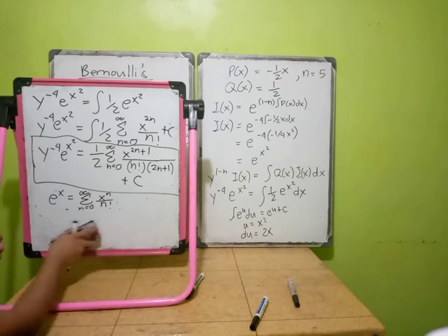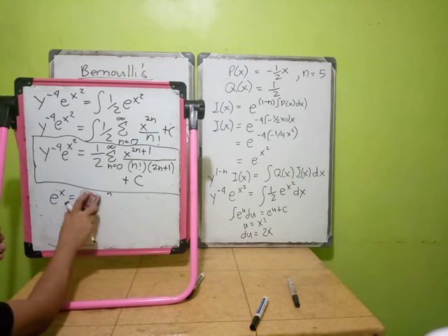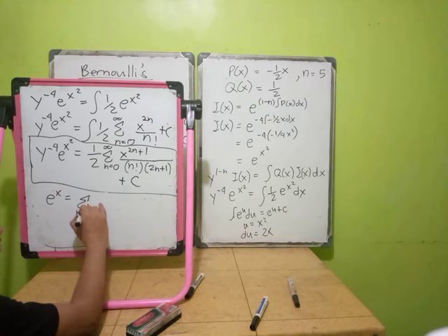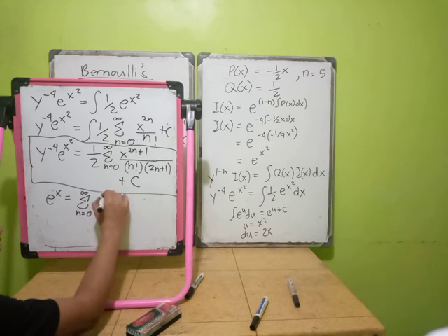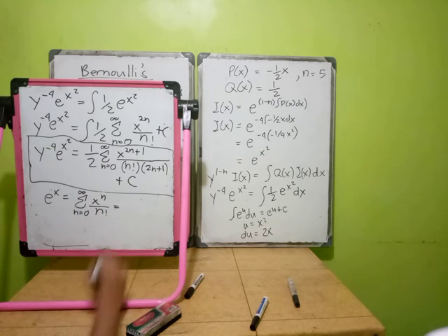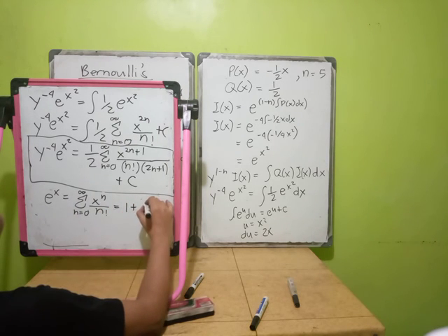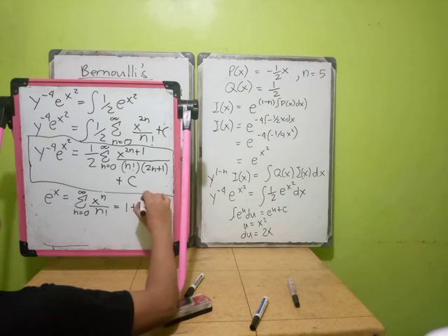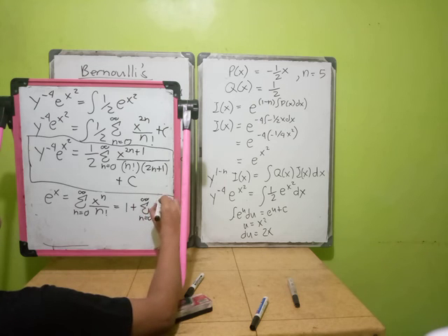Remember na ito yung equivalent ng e to the power of x in terms of infinite series: n equals 0 to infinity, x to the n over n factorial. Yung ibang libro, sinusulat din 1 plus the summation na nagsimula kay 1, x to the n over n factorial.